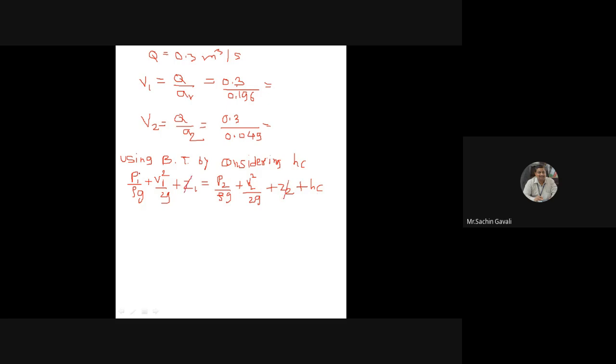For HC, we know P1 upon rho g, V1 you might have already calculated, P2 upon rho g and V2 square upon 2g. Then we'll get the HC value in meter of water.